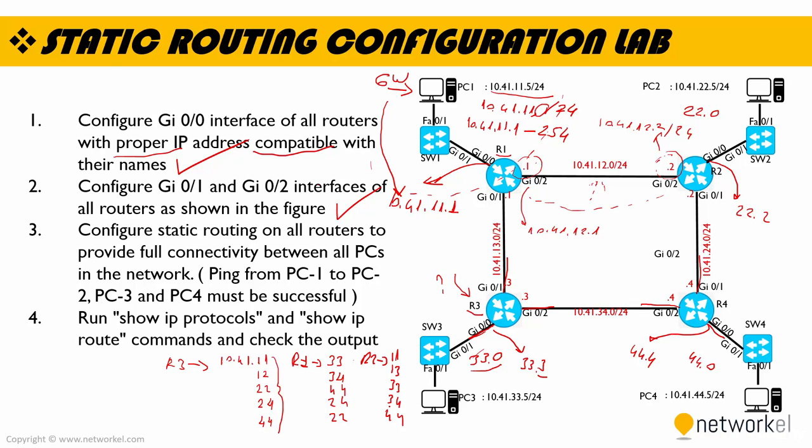And it's time to take a look at our last router, which is router 4. And for router 4, I need to use static IP routing statements for this and this.